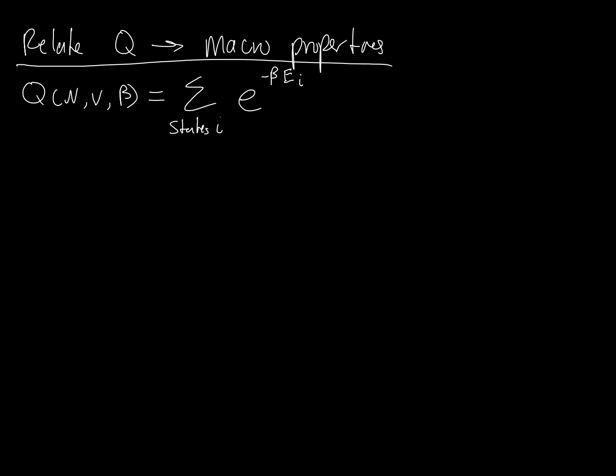Now this particular partition function is for a constant N number of moles, constant V volume system, so a rigid walled system that's not permeable, and at constant temperature. So based on these variables, what would we expect from macroscopic thermo to be the property that's most intimately linked to this? Is it Gibbs? Is it Helmholtz?